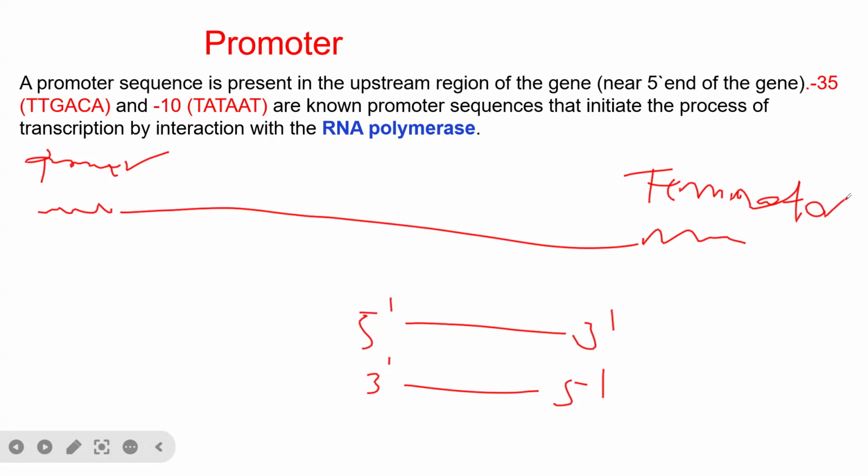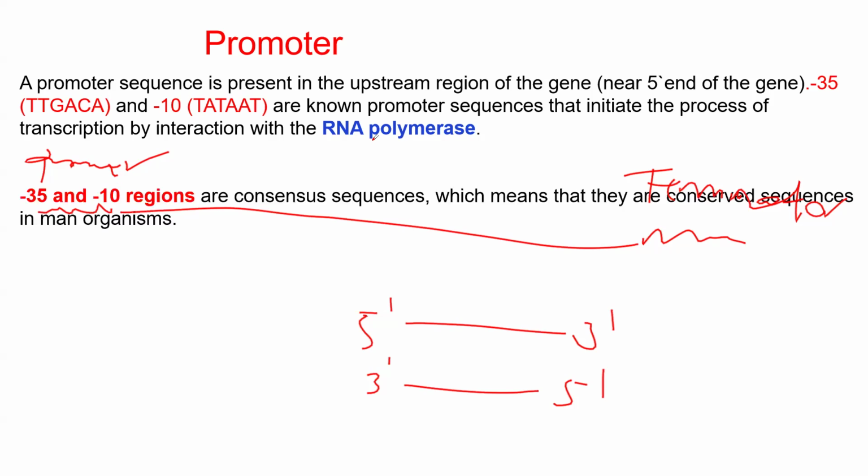They are known as promoter sequences that initiate the process of transcription by interaction with the RNA polymerase. So these -35 and -10 sequences interact with the RNA polymerase and initiate the transcription process.